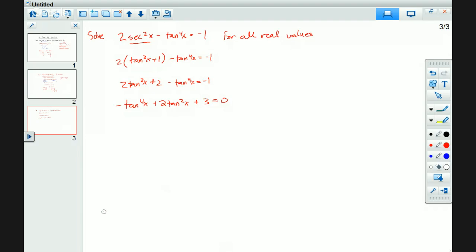Writing them in order, having a negative on that first term is not friendly for me, so we're going to change everything by a negative.